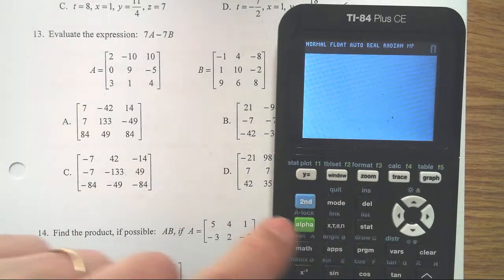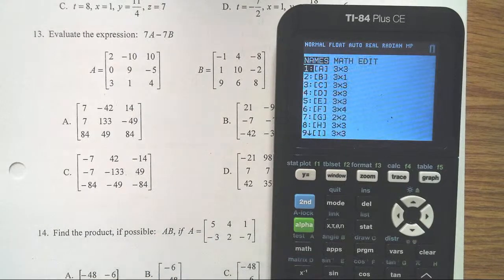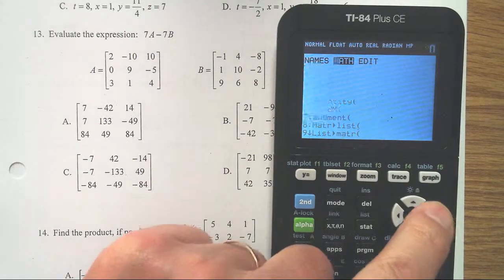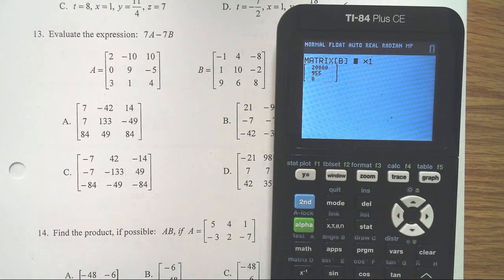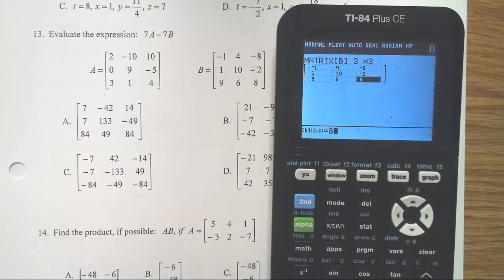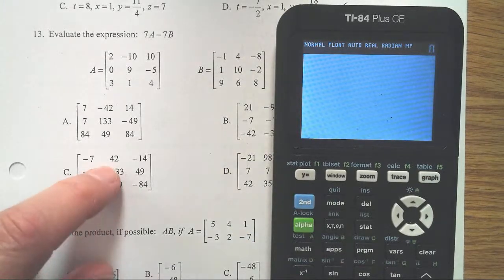Got it. Second quit, go back into matrix. Edit matrix B, make it a 3 by 3, and -1, 4, -8, 1, 10, -2, 9, 6, 8. Double check. Got it. Second quit.